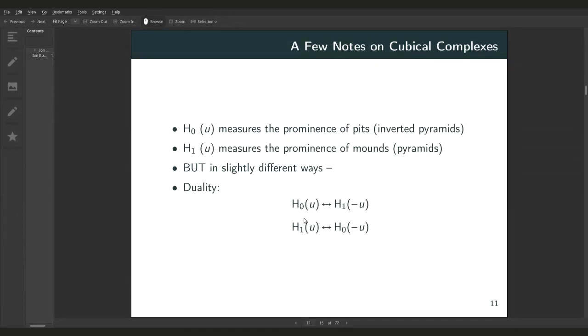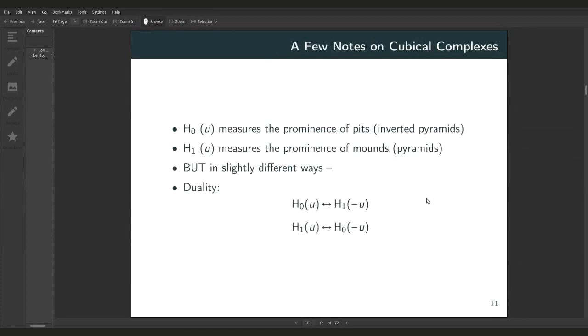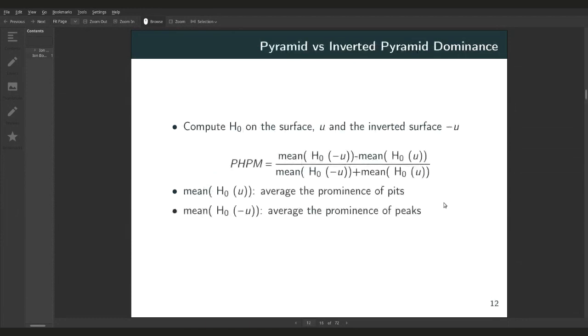So I really want to make a fair comparison between these inverted pyramids and these pyramids. So we build a statistic using H0 of the inverted surface and H0 of my normal surface. Remember, H0 of my inverted surface is dual to H1.